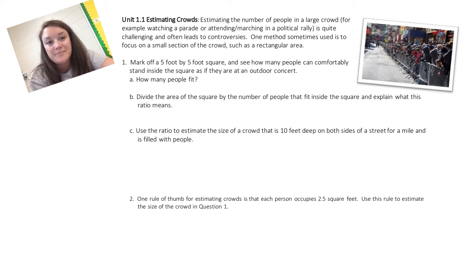All right, so I would normally have marked off a 5 by 5 foot square to see how many people can fit into it. In the past, we've had about 11 students able to fit into this 5 by 5 foot square. If you can imagine, I used to tape off a 5 foot by 5 foot square, and then I would have volunteers come and we would see how many could comfortably fit.